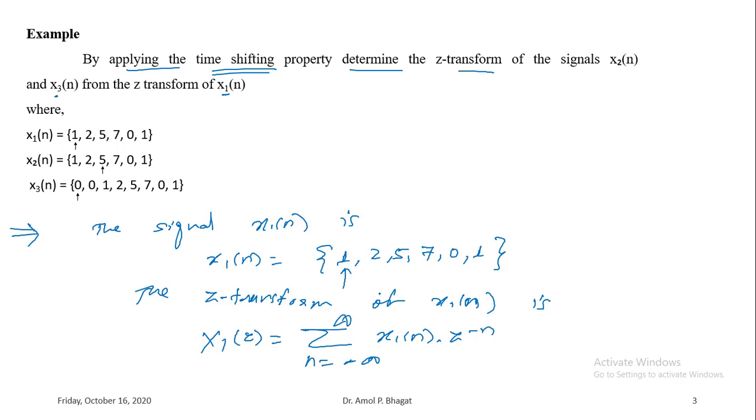But here you can see that the limits of n are from 0 to 1, 2, 3, 4, 5. It will be from 0 to 5 only. So this x1 of z can be simply written as summation n equals 0 to 5 x1 of n into z to the power minus n.